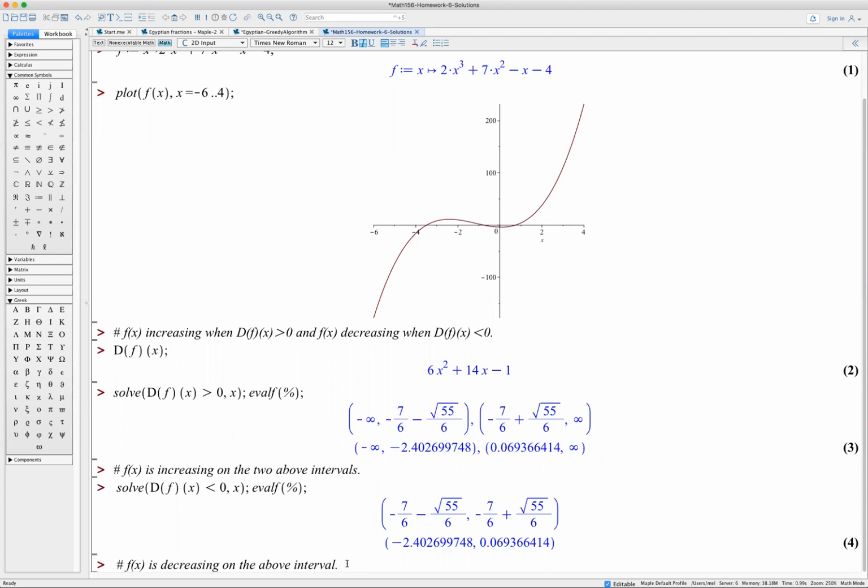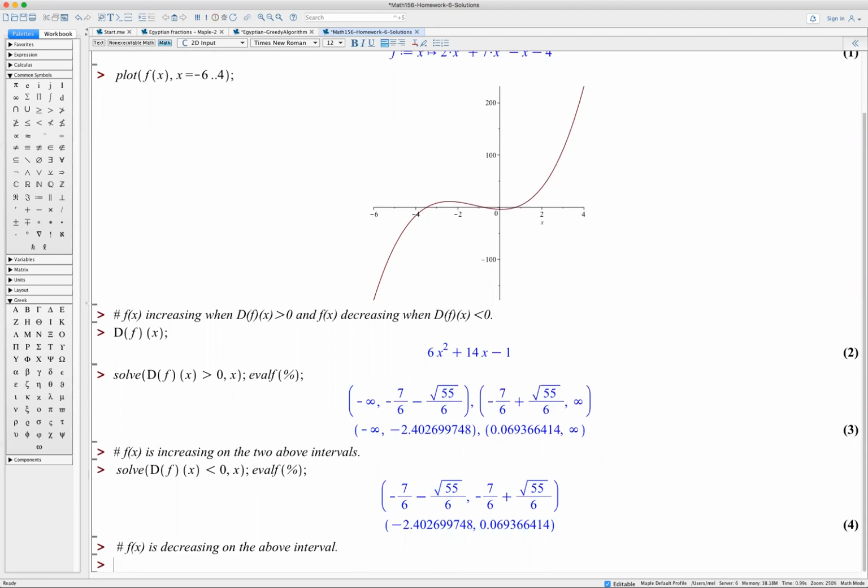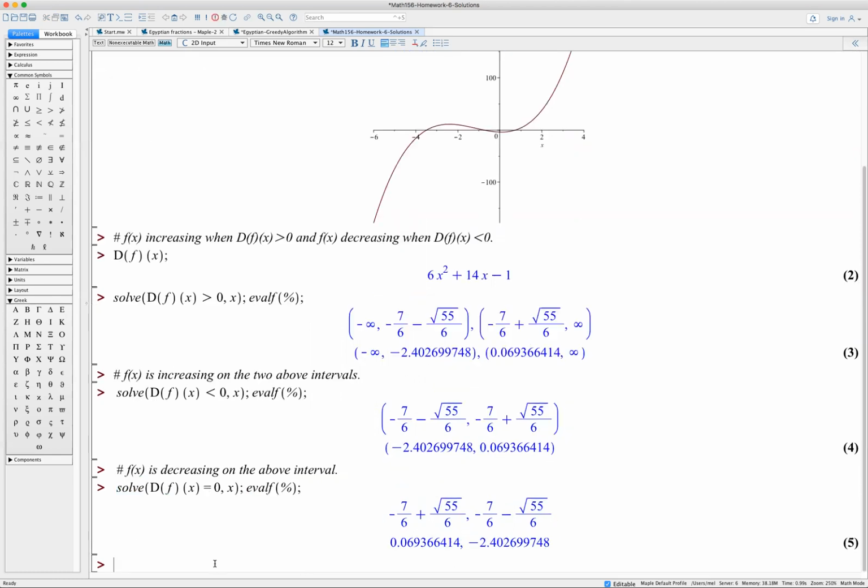So already we can tell where there's a relative minimum and a relative maximum, because where the curve changes from increasing to decreasing is a relative max, and decreasing to increasing is a relative min. We're going to have Maple find those points exactly. So we want to know when the derivative is equal to 0. And it's at these 2 points.